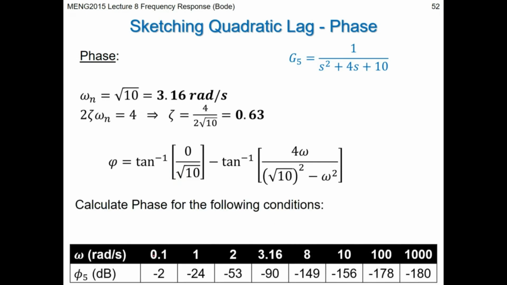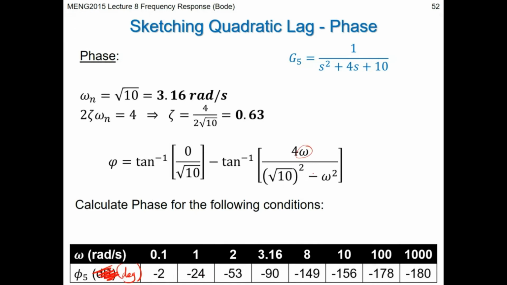If we calculated it and plugged in different values for omega, 0.1, 1, 2, 3.16, 4, 8, 10, etc., then at omega equals 0.1, you're going to get minus 2. This shouldn't be decibels, sorry, this should be degrees. The phase would be minus 2 degrees.